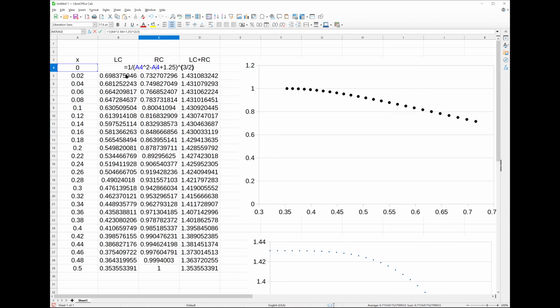And then for the right coil, it's very similar, except I've got x squared minus x plus 1.25, and then that's to the 3/2 power there. I do that for all of those points, and then here I've got the two things added together, and so you can see what that looks like.